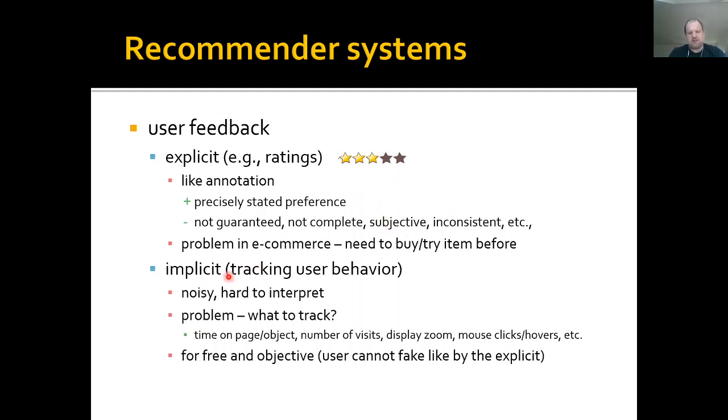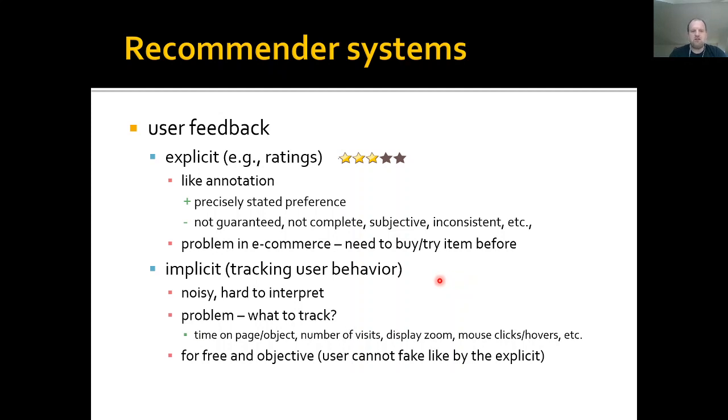That's why the implicit feedback, the other category, is nowadays heavily used, because it removes the disadvantages of explicit feedback, but also brings some other problems. But okay, implicit feedback means the user is tracked within the application during the user's normal behavior.